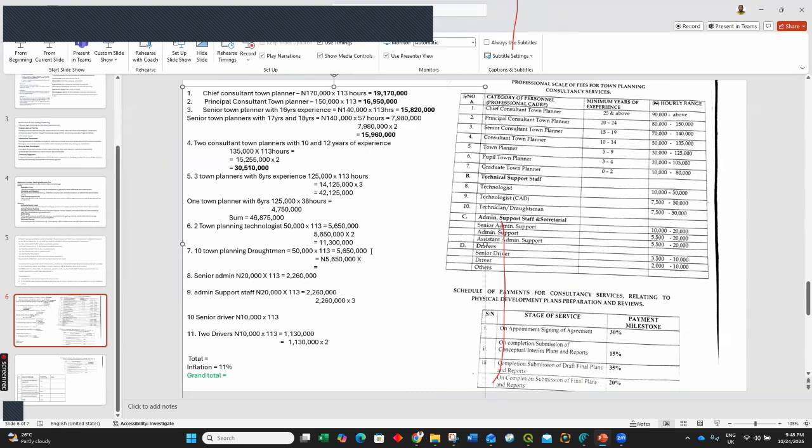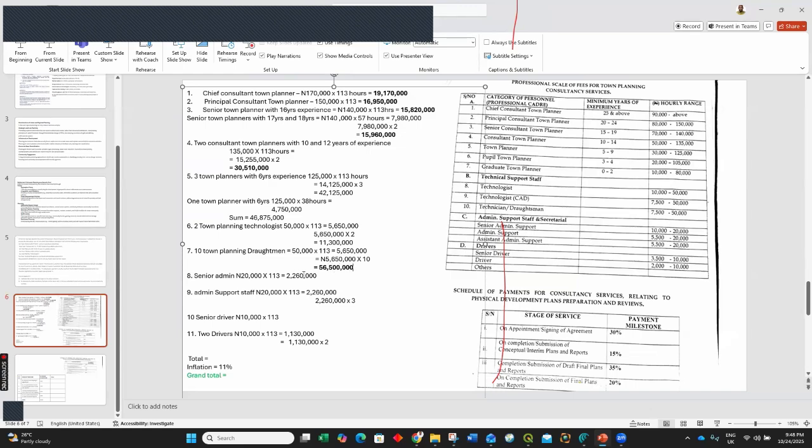Then we have 10 of them, so you will say that amount times 10. That is their total amount. So we come here and write the amount times 10. Times 10 is 56.